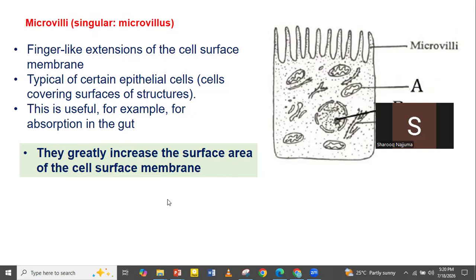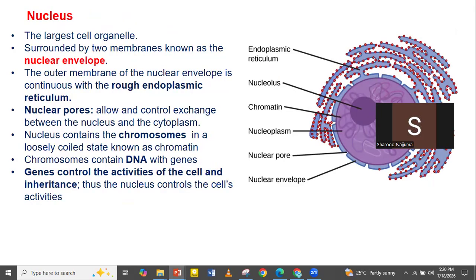Okay, let's look at the next organelle, which is the nucleus. I'm sure all of us know what a nucleus is, but if you don't know what it is, still, I'm going to explain to you what the nucleus is and what its role is. Most people refer to it as the brain of the cell.